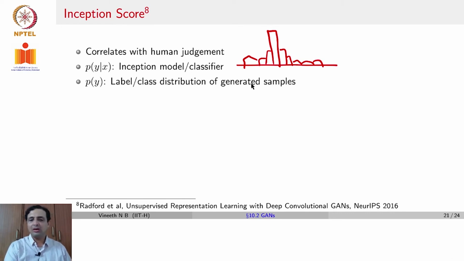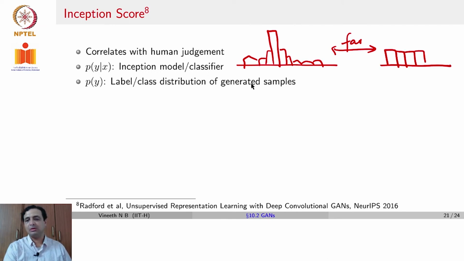We'd ideally want such a distribution to be as far away from a uniform distribution. That's what tells us that the inception model is with high confidence being able to recognize a certain object that's being generated in a given image. But is this correct? Not necessarily.